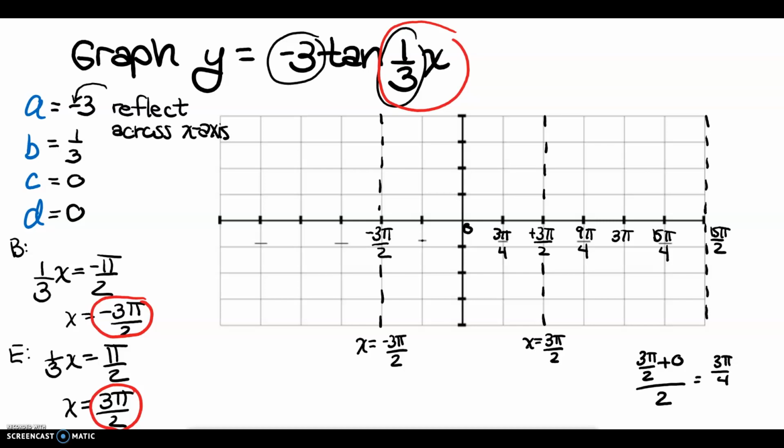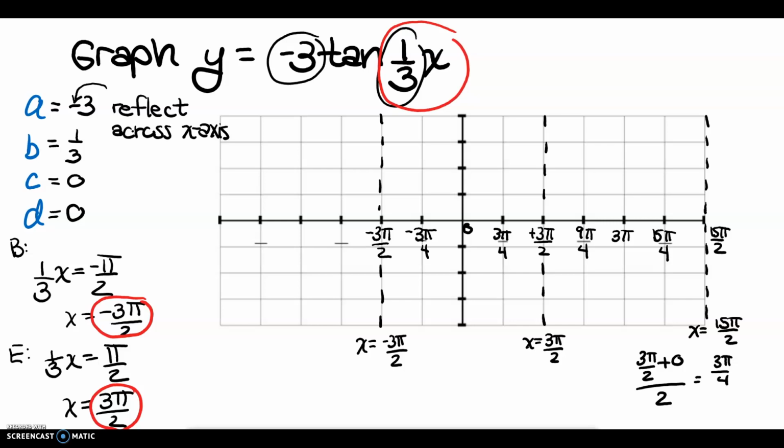So that's going to be the label there. I know that's an asymptote, so I should label it. And if I count backwards by 3 pi over 4, I just get those. So those are going to be my 2 periods I'm going to go ahead and graph.